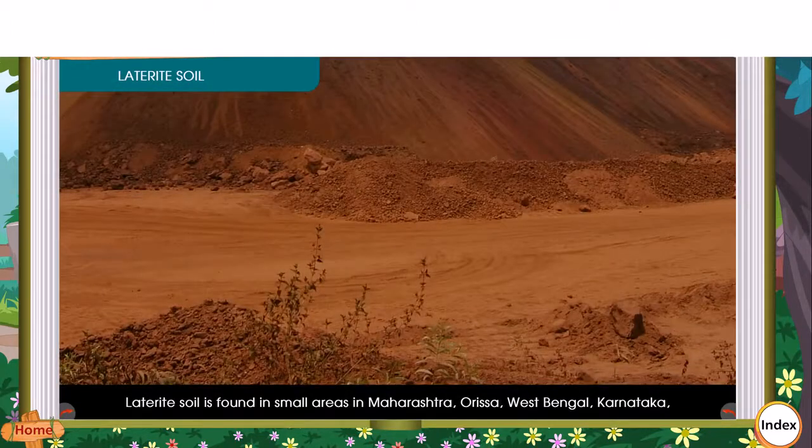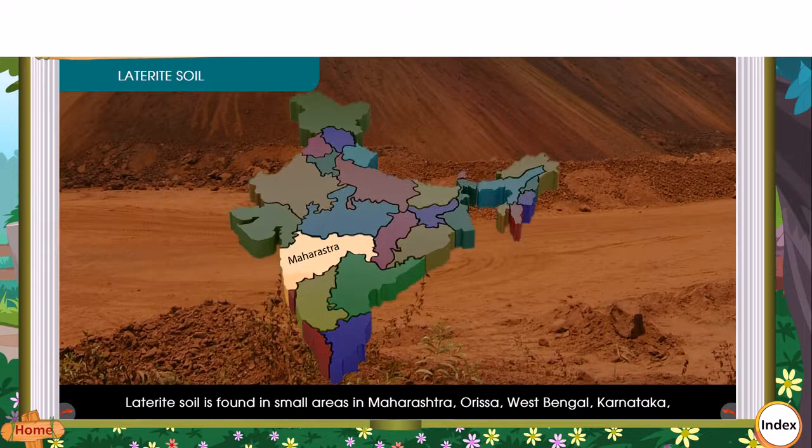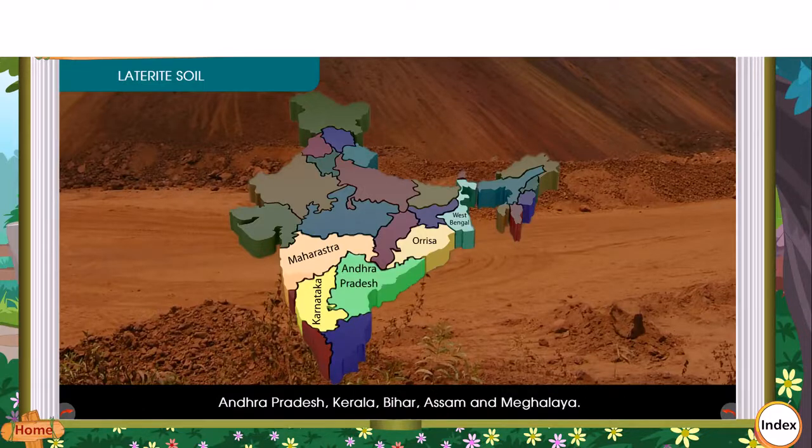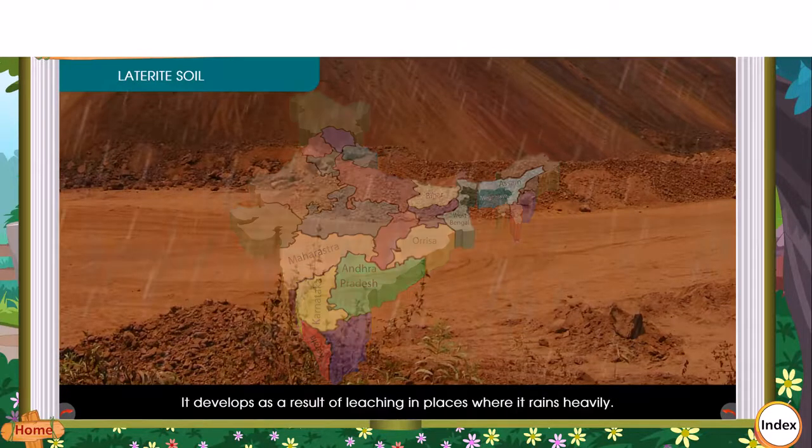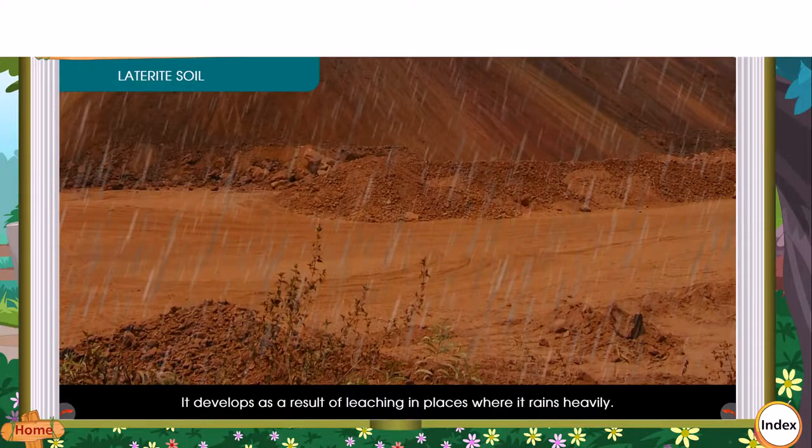Laterite soil. Laterite soil is found in small areas in Maharashtra, Orissa, West Bengal, Karnataka, Andhra Pradesh, Kerala, Bihar, Assam, and Meghalaya. It develops as a result of leaching in places where it rains heavily.